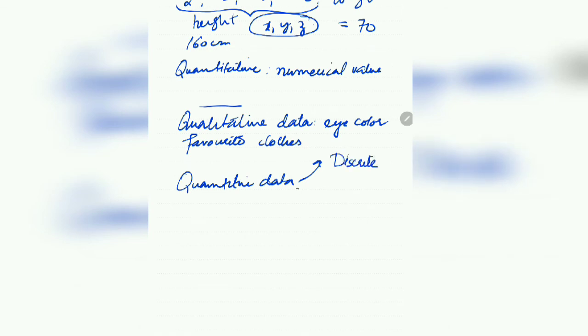And even when the data is quantitative, it still has two types, right? The quantitative data has two types. One is, I remember now, discrete data, and the second one is continuous data.